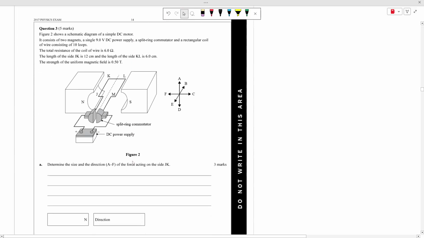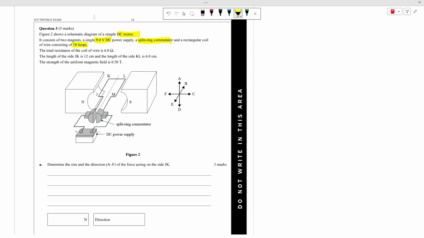Question 3. Figure 2 shows a schematic diagram of a simple DC motor. I'm going to highlight motor here. We are not generating, we are using electricity to create the motion, not the other way around. It consists of two magnets, a single 9-volt power supply, a split ring commutator, and a rectangular coil consisting of 10 loops.